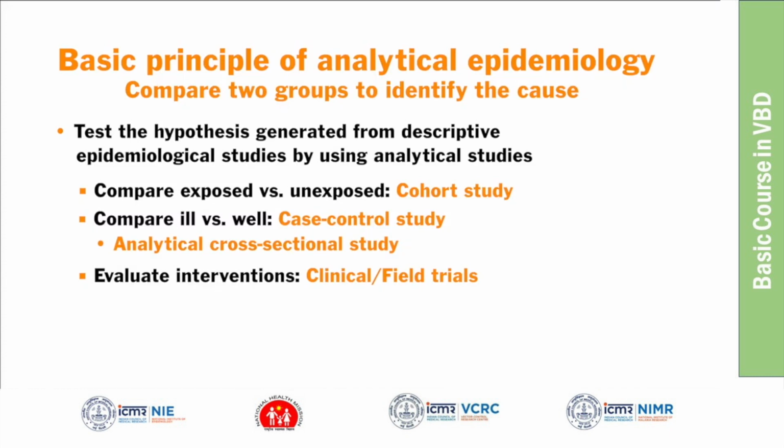And third, as we already mentioned, you can use experimental epidemiology to draw valid conclusions about which treatment or intervention strategies are effectively working in reducing or favoring a particular outcome. So these are the main approaches that we use in epidemiology. So thank you very much.